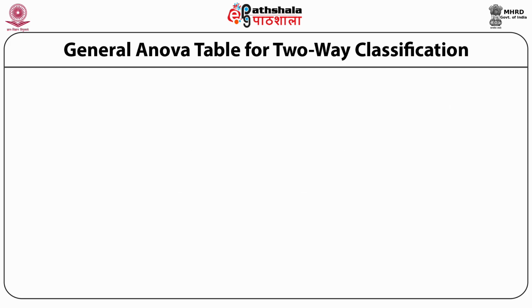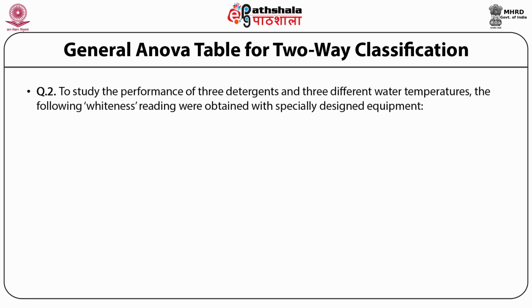Let's see another question in which again two parameters, or two attributes, or two variables are used. Look at this question. The question says: to study the performance of 3 detergents in 3 different water temperatures, the following whiteness readings are obtained with specially designed equipment.